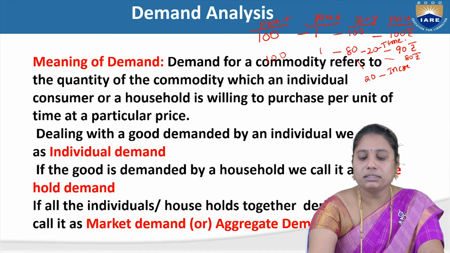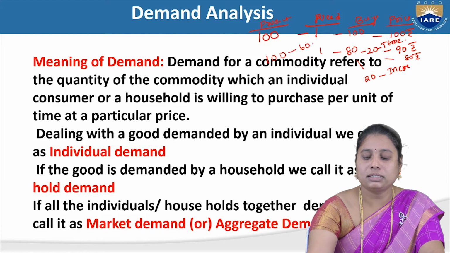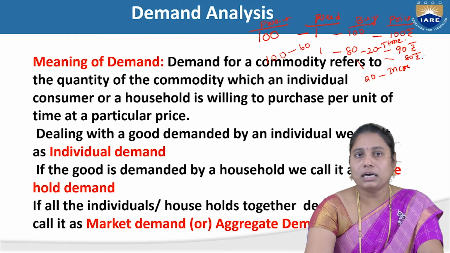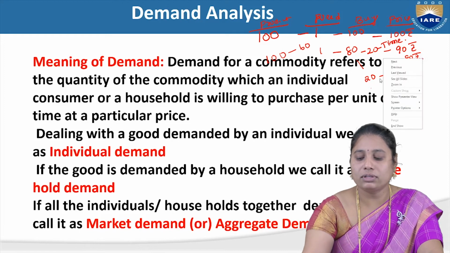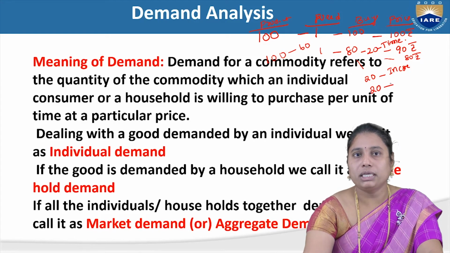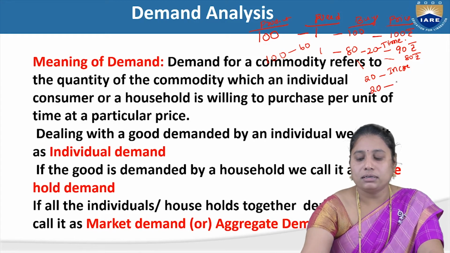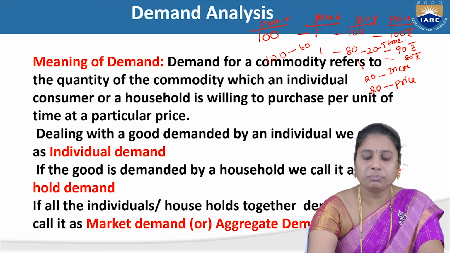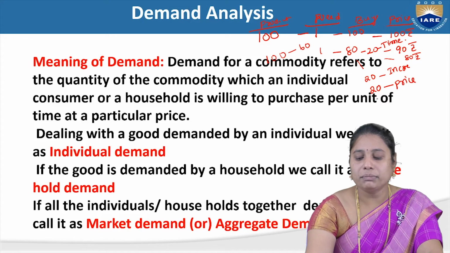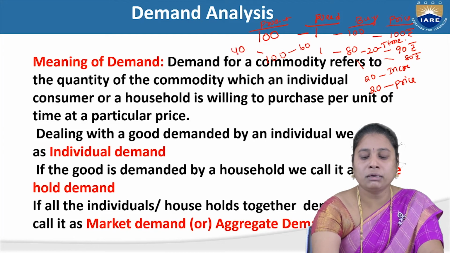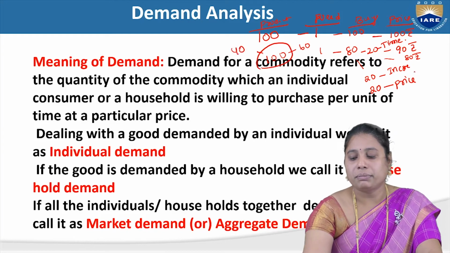Now the buyers for this product are 60, and because 80 rupees is a high cost, they might have thought about it, and 20 more members withdrew from purchasing the product. Now only 40 members are there, with 100 products in the market. The price may be reduced again to 70 rupees.